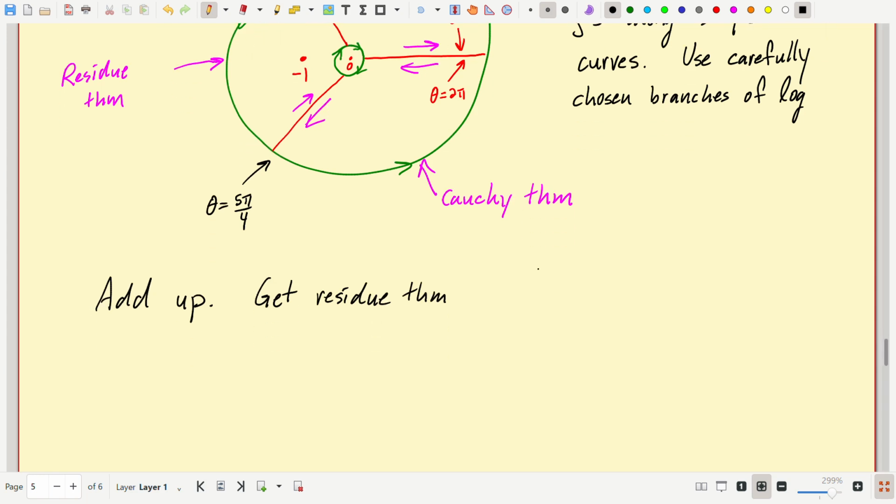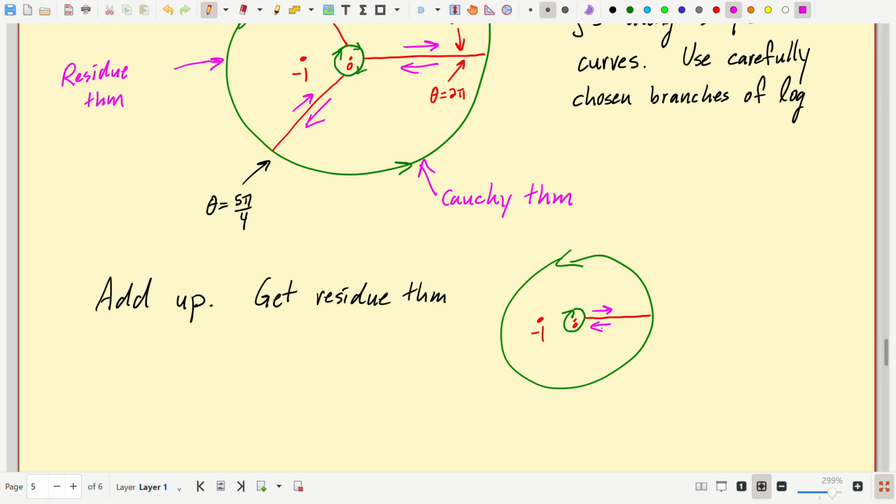Let's see. We had this picture that I started with. The contour was this. I had a pole at -1. And then I have this branch cut here that goes like this and like that.